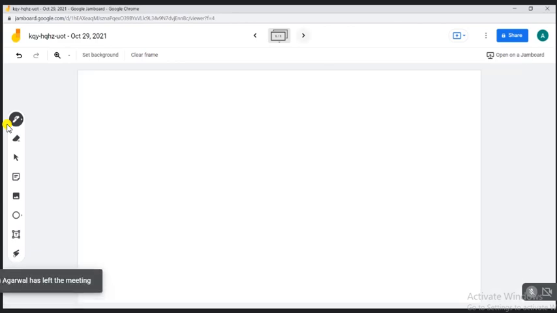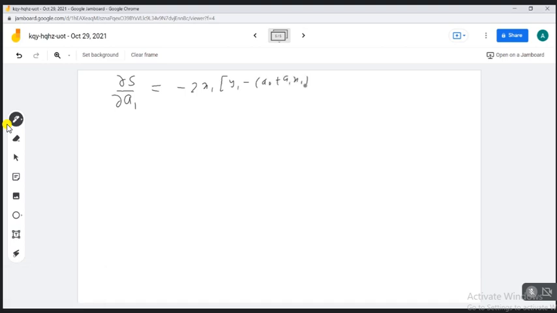So the other thing is we have to differentiate with respect to a1 and set that to 0. So differentiating with respect to a1 gives, and so on.